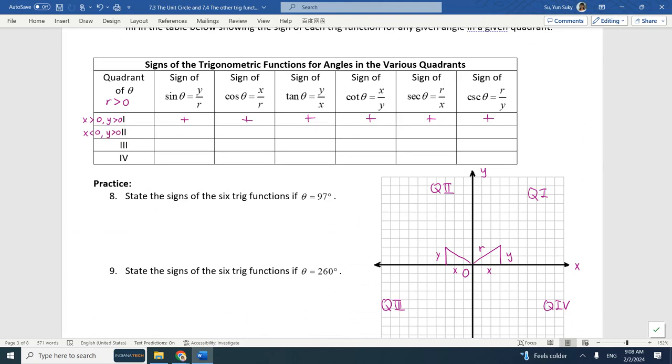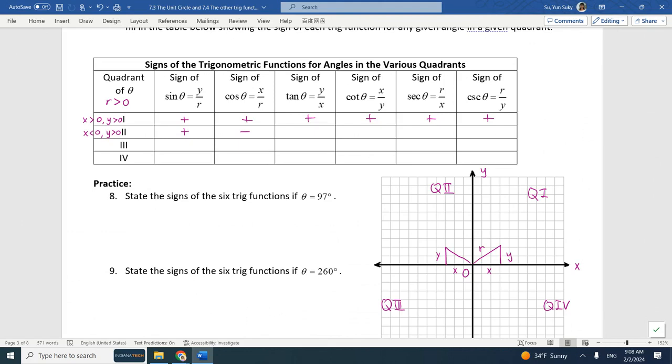Erica, is sine positive or negative? Positive. Yes, y is positive, r is positive, so positive. And Sarah, cosine? Negative. Cosine is negative, because x is negative and y is positive. Okay, next. Negative.